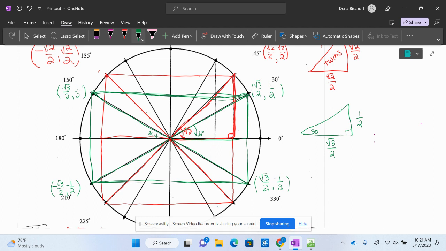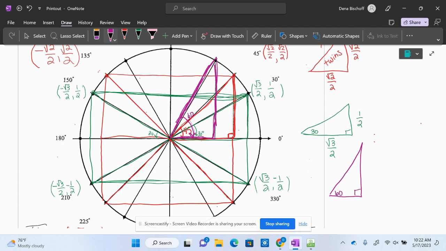Okay. So now let's look at our 60 degree. And I probably don't even need to draw this out. You're probably at this point able to do this on your own, but I'm going to anyway. So this right here is 60 degrees. I don't know if you can see that arc I drew right there. So I'm going to draw a 60 degree right triangle, 30, 60, 90, right?